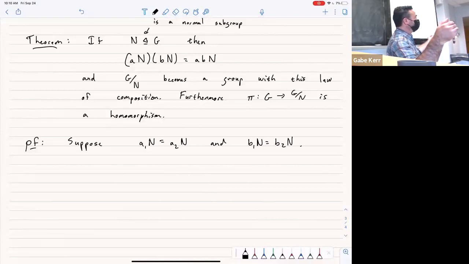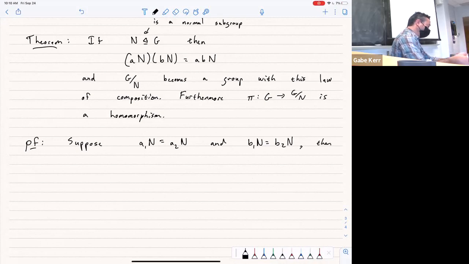So I can write the congruence class as 2 plus 5Z or 7 plus 5Z. Doesn't matter, it's the same congruence class. So I want to show that a1b1N is a2b2N.